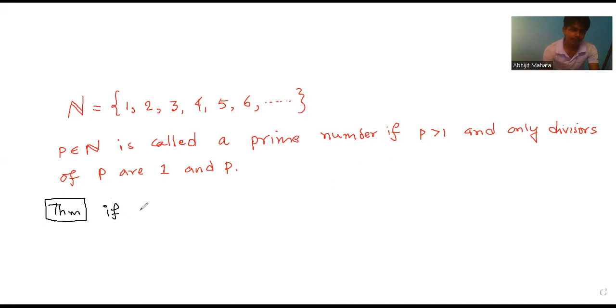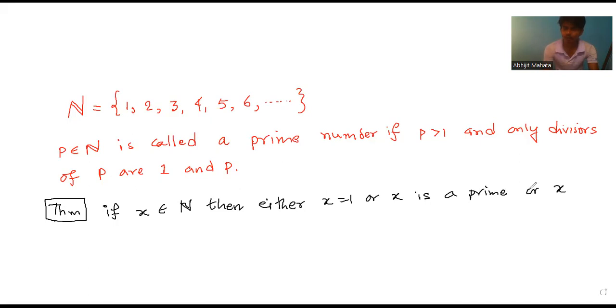If we take x, any natural number, then either x equals 1 or x is a prime itself, or x can be written as a product of primes.